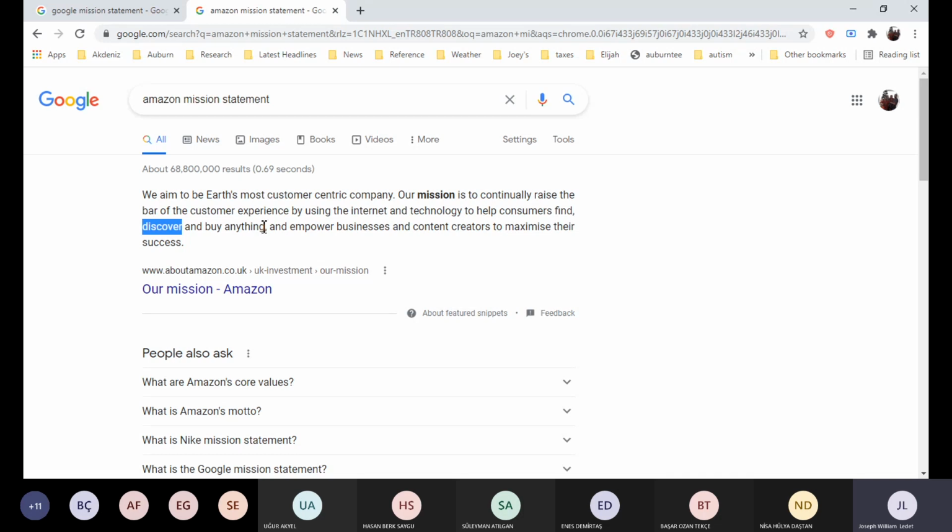Well, might, but it just doesn't seem to fit a whole lot into our mission, does it? Right? Whereas at some point somebody said, hey, I think that we should create a fleet of drones that will deliver products to people. Well, that could help empower businesses to maximize their success.